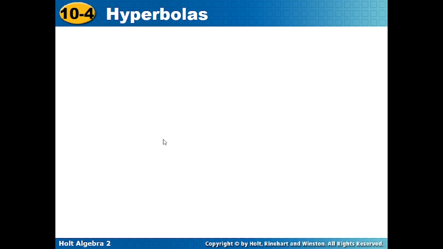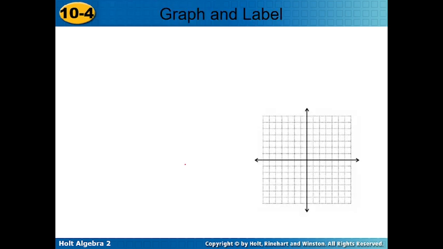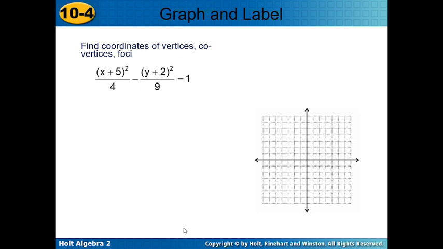So I just want to give you this already. We're going to graph and label this hyperbola. We're going to find the coordinates of vertices, co-vertices, and foci coming from this equation. Now, you have the values of h and k. So therefore, this center is -5 and -2.